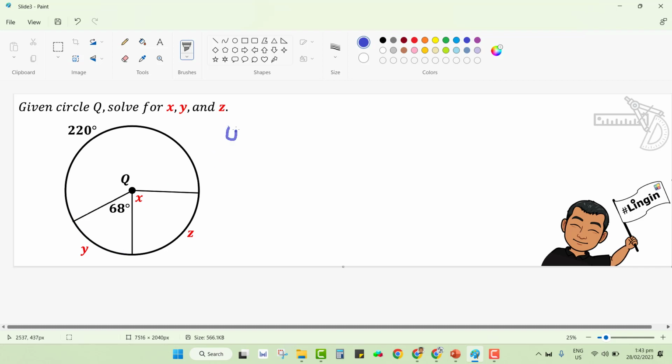So y, being the intercepted arc of the central angle which measures 68 degrees, also measures the same value of 68 degrees. Once we know the measurement of y, we can go back to x or move further to z.